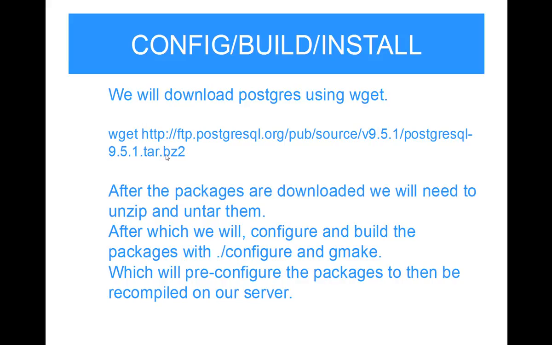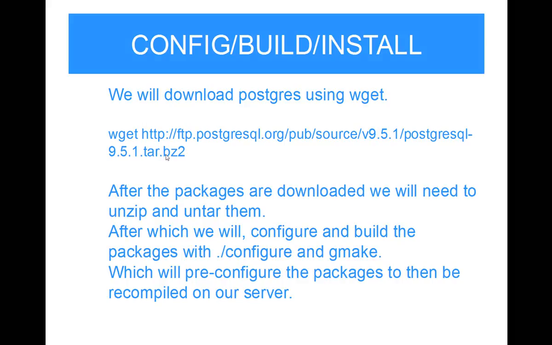So what we're going to do is run ./configure, and ./configure is going to take the settings of our operating system and load those settings up into a pre-compilation configuration, so to speak. So we're basically taking the OS settings and preparing them to be used in the recompiling of our source code, right?